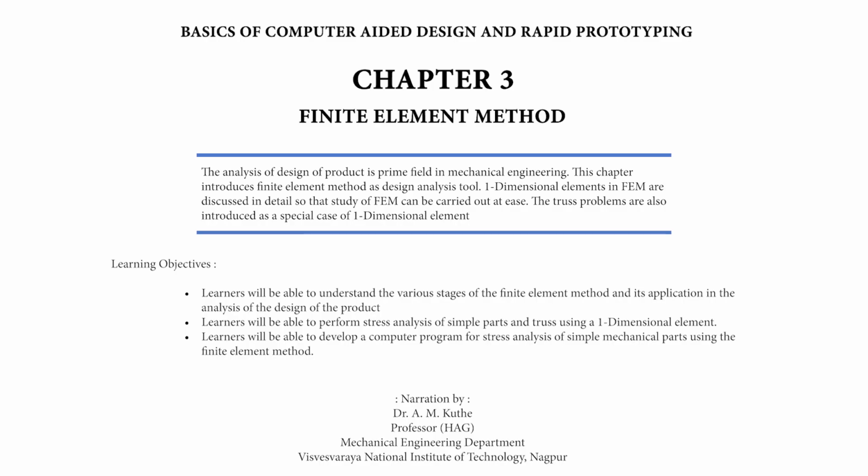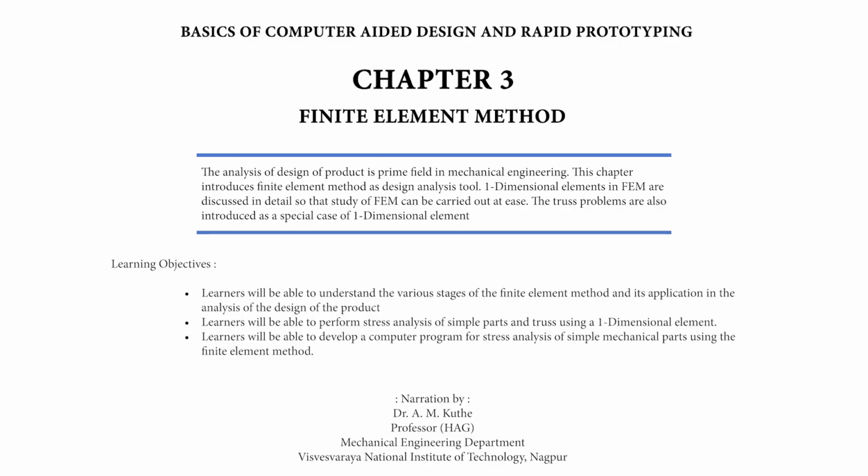The elemental displacement matrix consists of displacements at nodal points, Q equals [Q1, Q2]. Similarly, the force matrix F consists of forces at nodal points, F equals [F1, F2]. The order of Q and F is the same, that is 2 by 1. Hence, the elemental stiffness matrix K is a 2 by 2 square matrix.